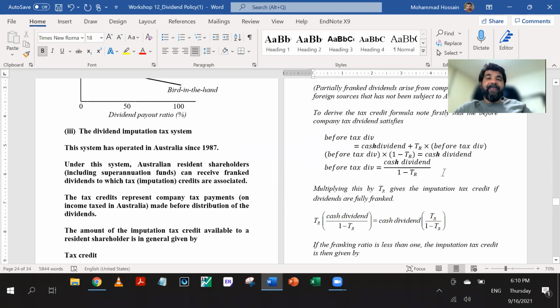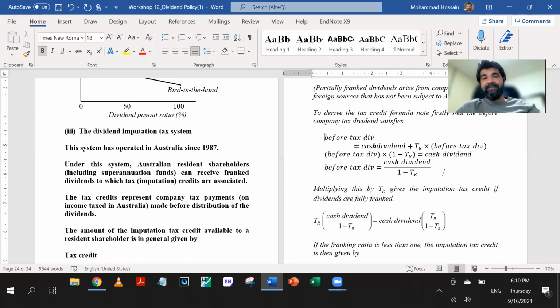Normally what happens is that when you receive a dividend, they will tell you how much franking is there. So they call it a franked dividend. Franked means that the company already paid the tax on your dividend, then they gave you the money.